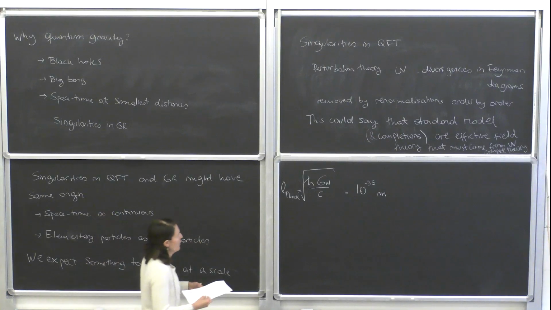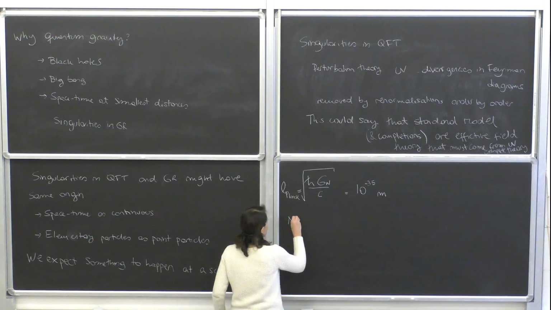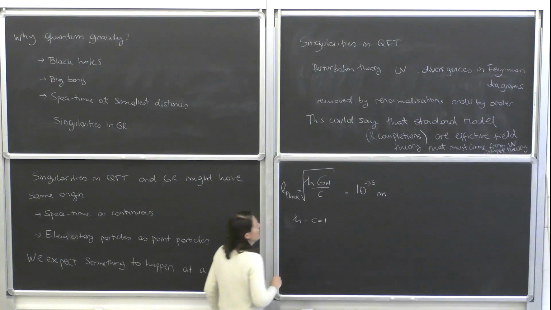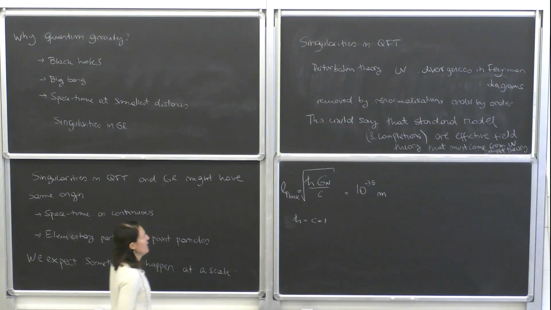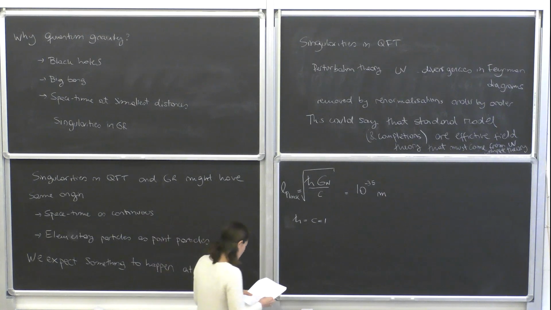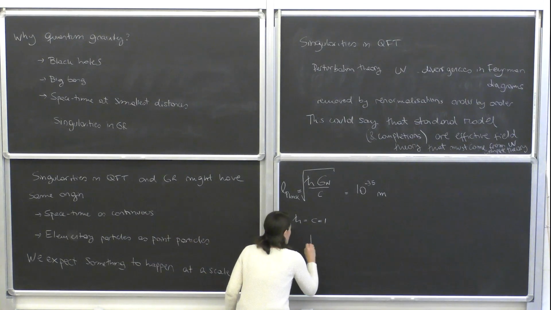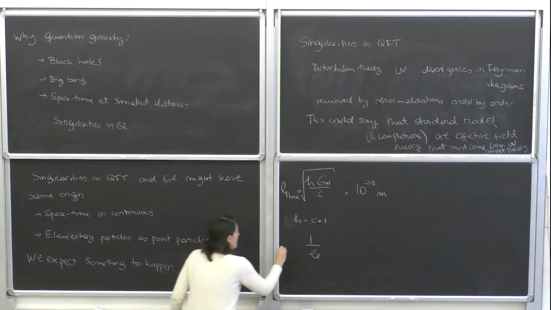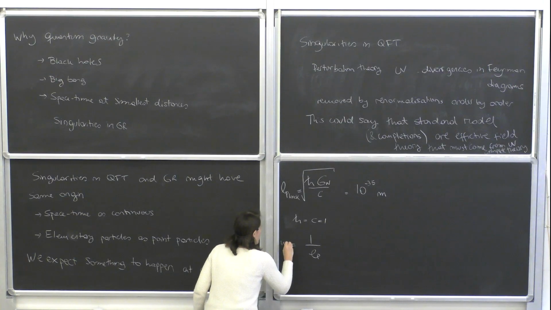And if we do natural units again, taking h bar equals c equals 1, we said that there are only scales of length or energy which are inverse. So if we do 1 over L Planck, so L Planck will be LP, this is M Planck.